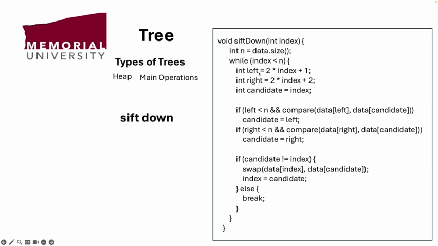We calculate the index of the left child and the right child, and find the candidate in the middle. This part is mainly to find out which one is not okay, meaning it needs to be swapped. And then this part does the swap.